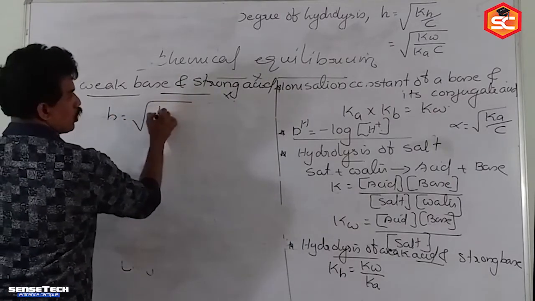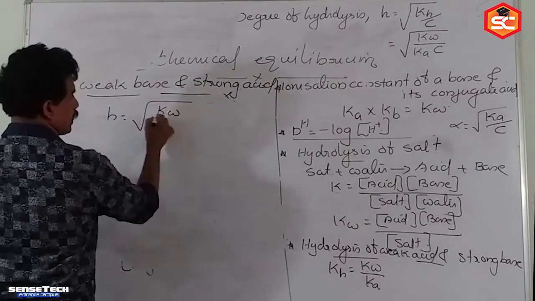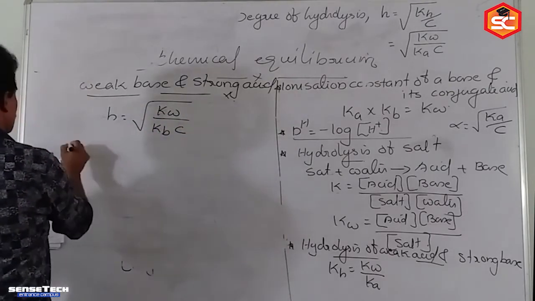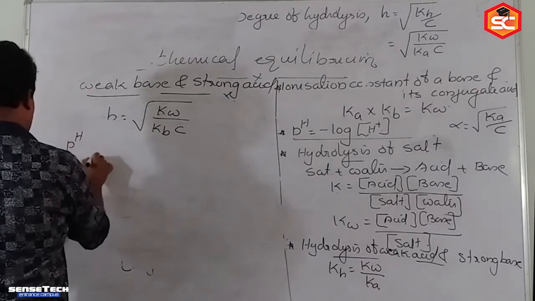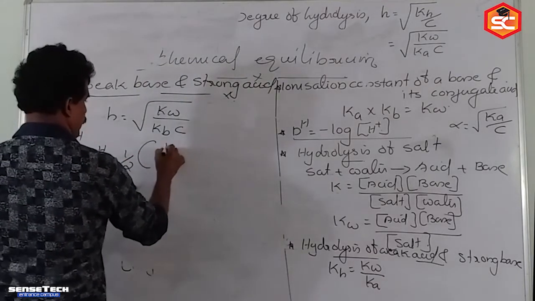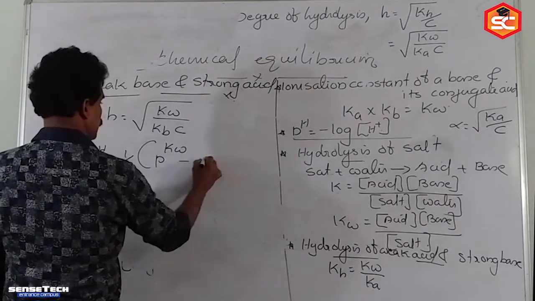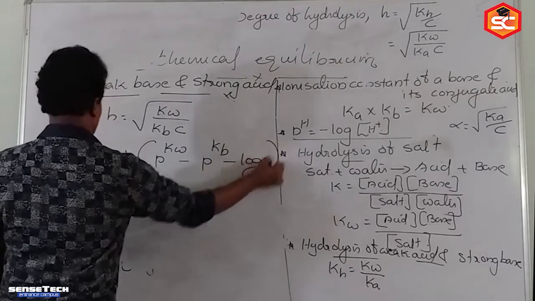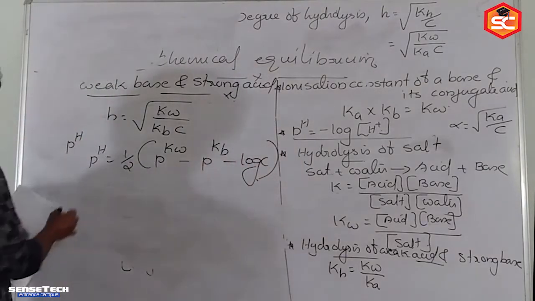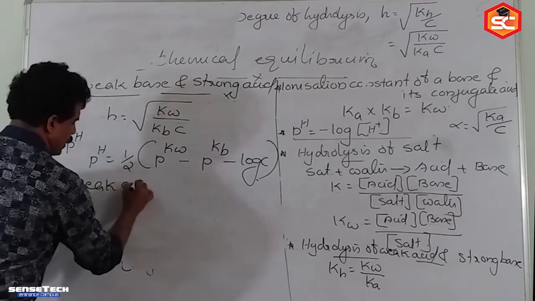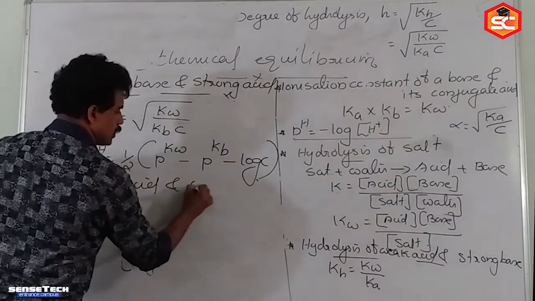H is equal to root of hydrolysis constant Kw by Kb into C. How to calculate pH? pH is equal to, in that case, half into pKw minus pKb minus log C.